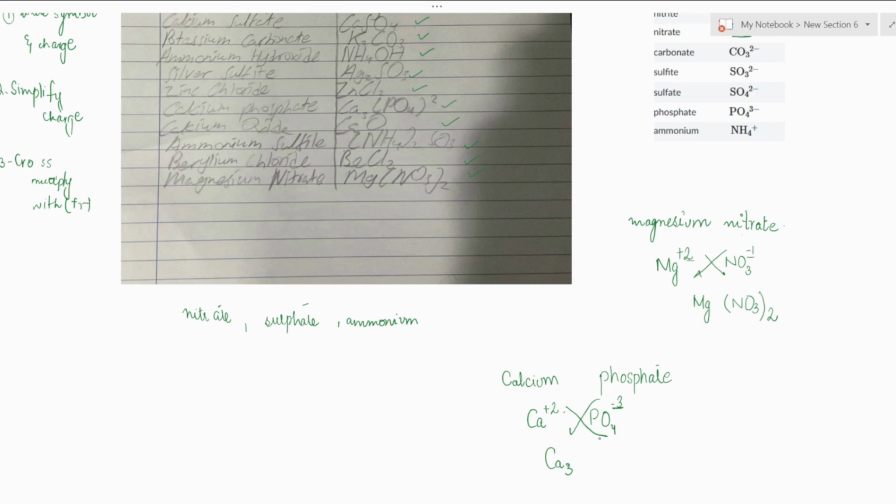And shall I put PO4 in bracket? Shall I write this PO4 in bracket? Okay. So PO4 and what shall I write outside the bracket? 2. Look, you know the answer. So this 2 should be here, not here. Done? Are you getting my point?